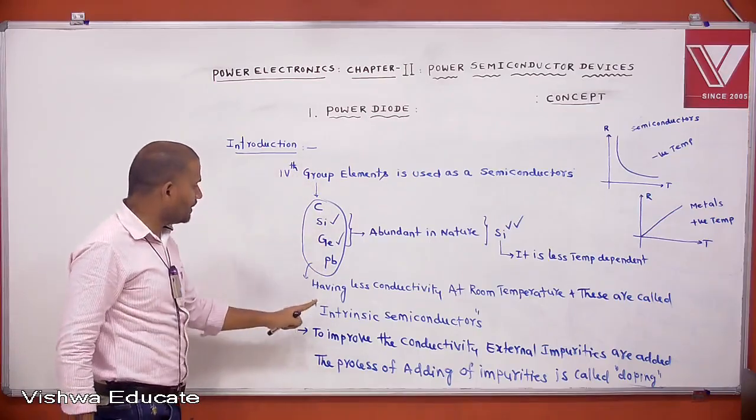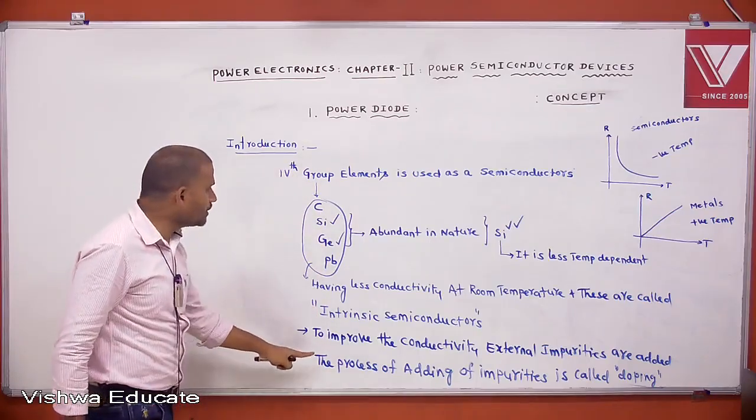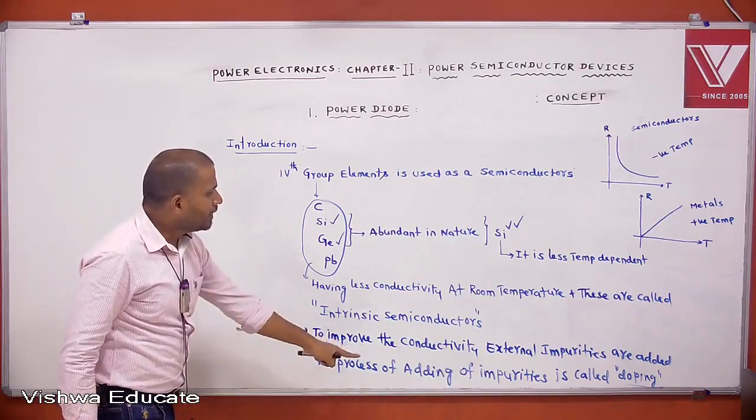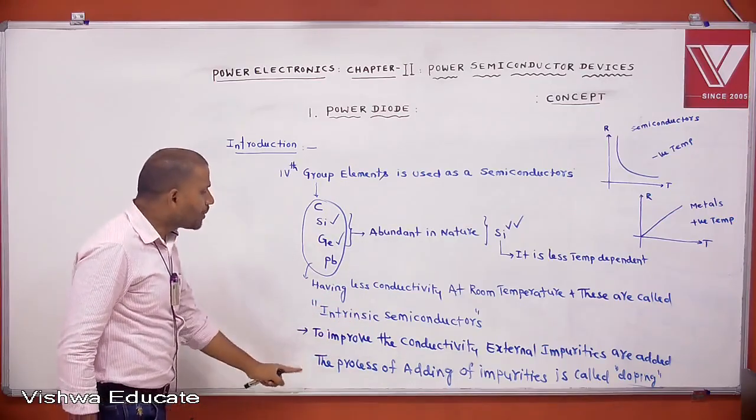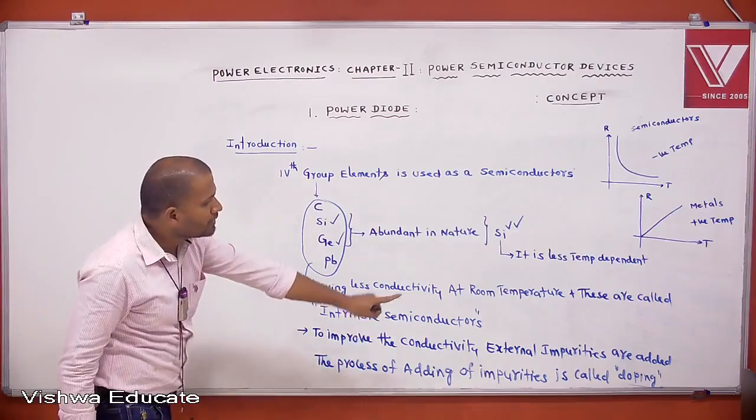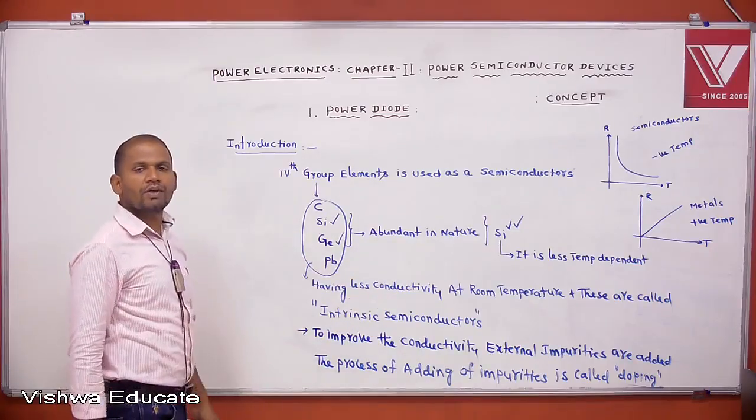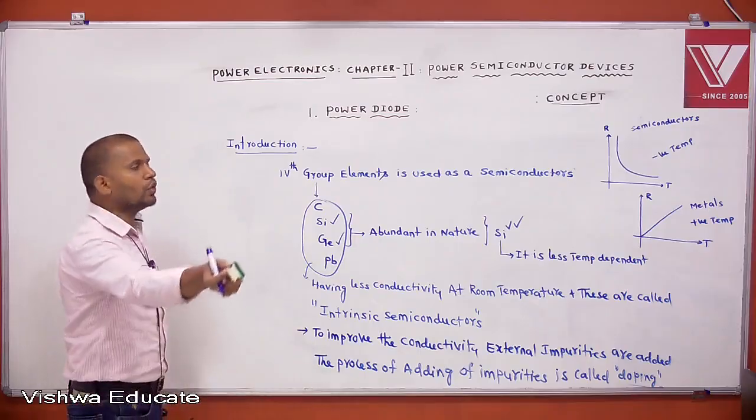To improve the conductivity, external impurities are added. The process of adding impurities is called doping.